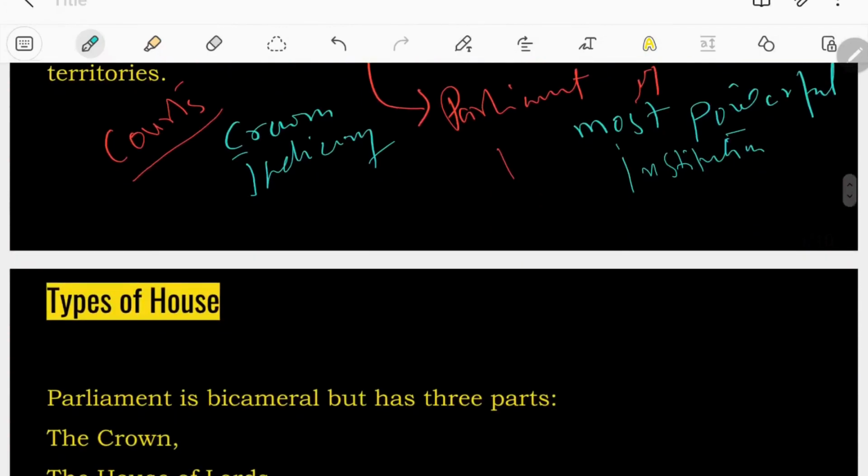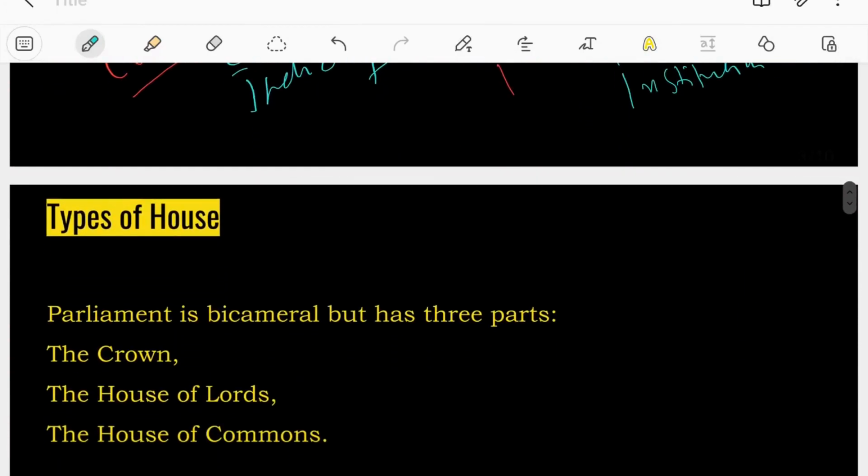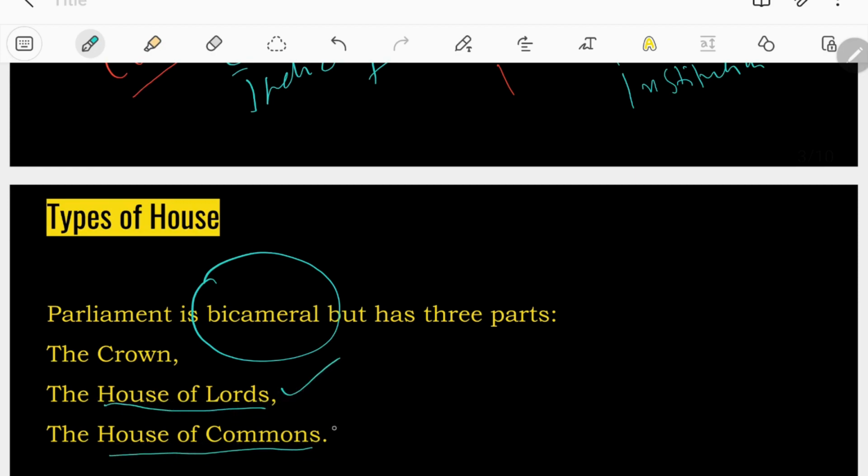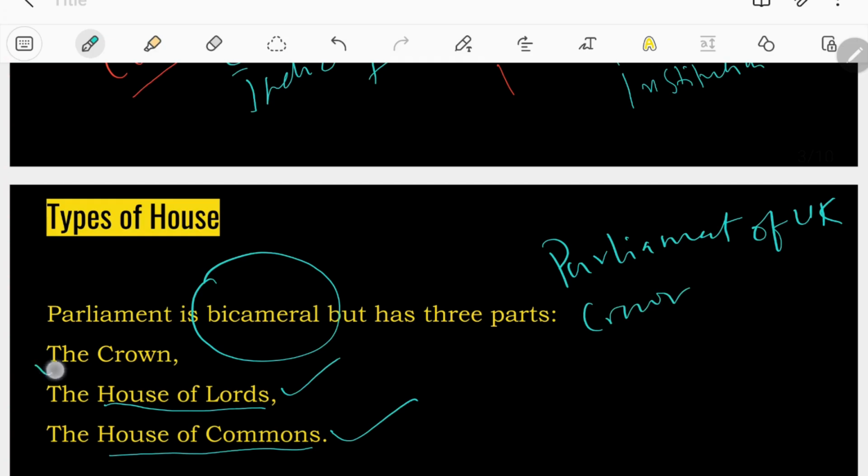Moving further, now let's look at the types of houses. So you all know that this Parliament is bicameral. That means there are two houses. One is the House of Lords, second the House of Commons. But when someone says the Parliament of the UK, it includes three institutions: the Crown, second the House of Lords, third the House of Commons.